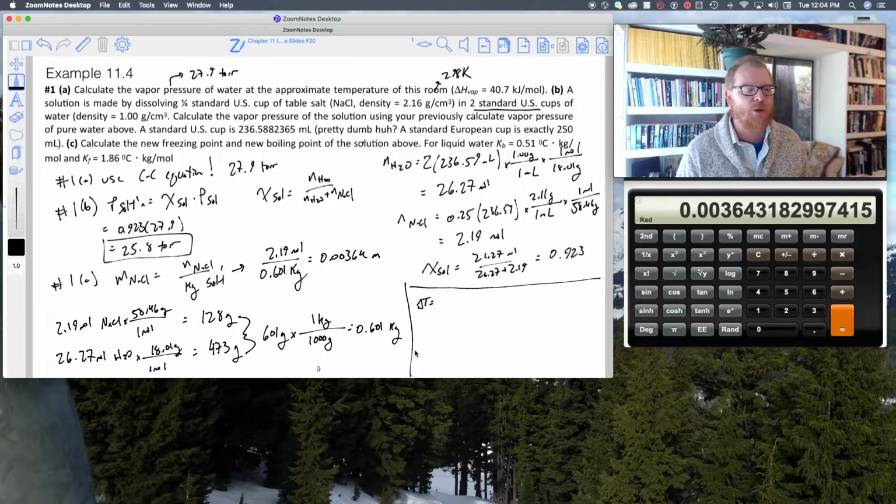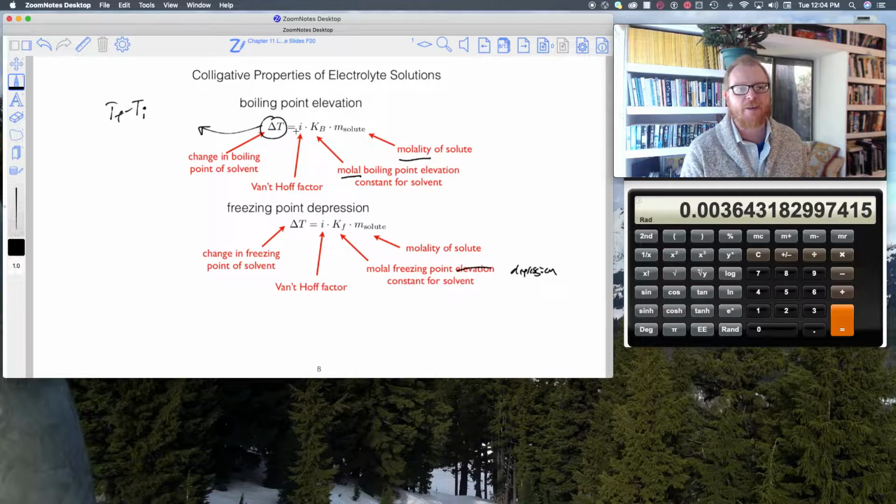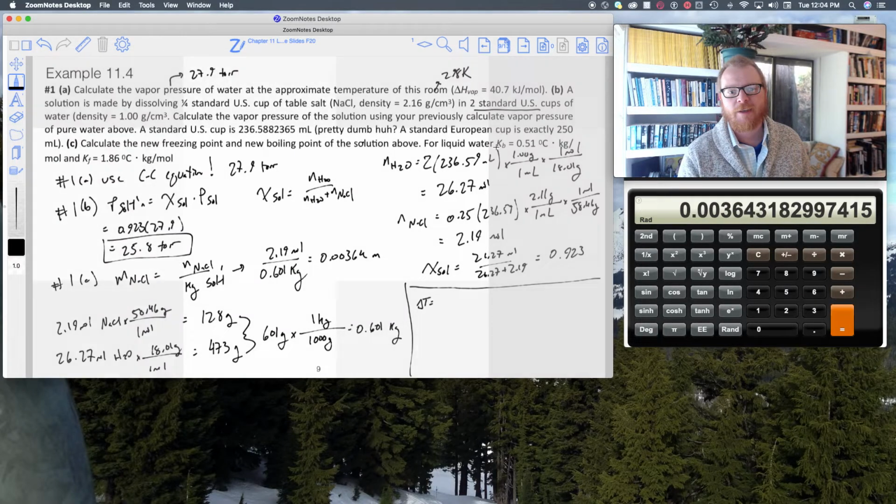So hopefully I have left myself just barely enough room here to do this delta T. So let's first do the boiling point. So that's going to be the Van 't Hoff factor. So let's back up and look at the equation, right? It's the Van 't Hoff factor times the molal boiling point constant times the molality. So once you get the molality, that's the hard part. It's not so bad.